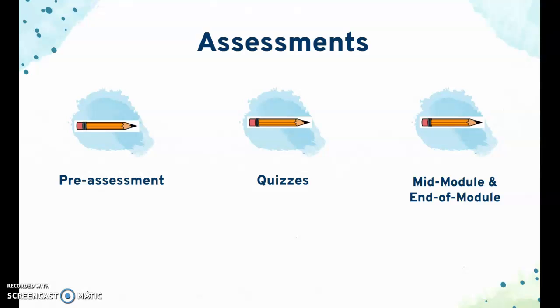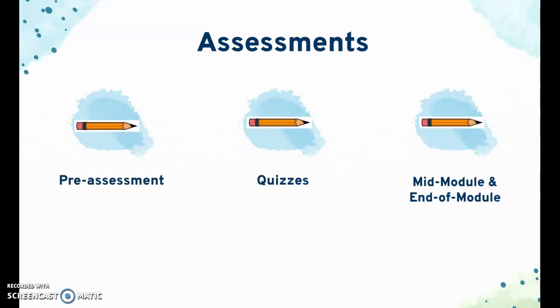Some assessments that will be happening in my instructional learning plan. There is a pre-assessment just to determine what level and what concepts students currently understand. Then there are quizzes for each module. There are 4 different modules, module A, B, C, and D. There are quizzes that actually follow each one of those modules.